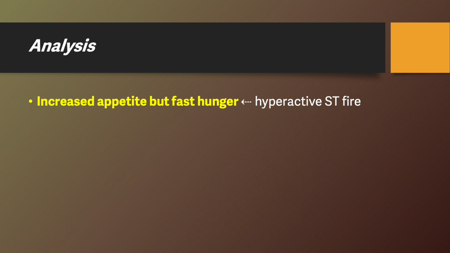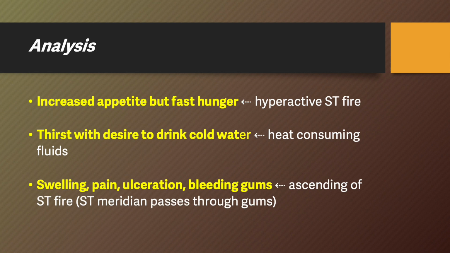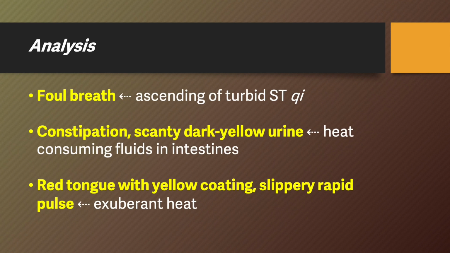Hyperactive stomach fire causes an increased appetite but fast hunger. Heat-consuming fluids may cause thirst with a desire to drink cold water. Since the stomach meridian passes through the gums, ascending of stomach fire may cause swelling, pain, ulceration, and even bleeding gums. Ascending of turbid stomach qi causes a foul breath.